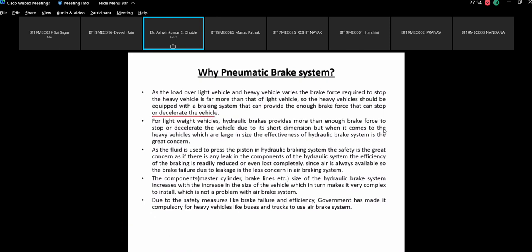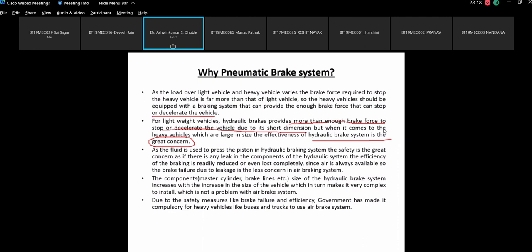For lightweight vehicles, hydraulic brakes provide more than enough brake force to stop or decelerate the vehicle due to its short dimension. But when it comes to the heavy vehicle, which is large in size, the effectiveness of hydraulic brake is a great concern. So the second point is that the effectiveness of the hydraulic brake is a great concern.